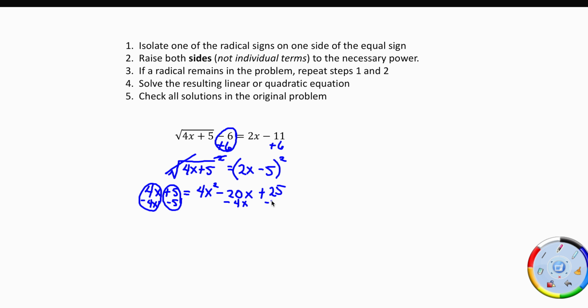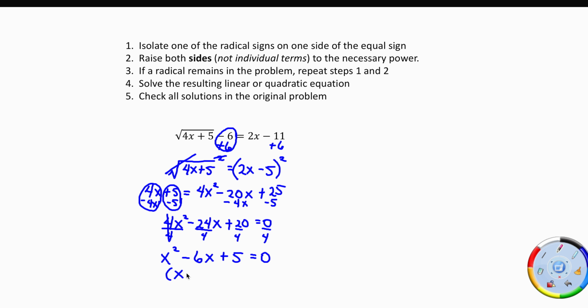So big fat zeros over there. Minus 4x minus 5 gives me 4x squared minus 24x plus 20 equals 0. And I notice that these all have a factor of 4, so I can either factor that 4 out, but since 4 is not the one that's 0, and I have an equation, I can also divide that 4 out, and then I don't have to be concerned with it, and it makes my numbers smaller and easier to factor. x squared minus 6x plus 5 equals 0.